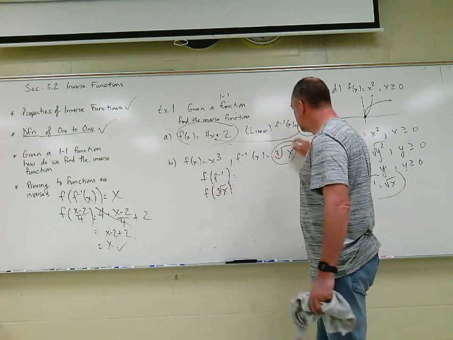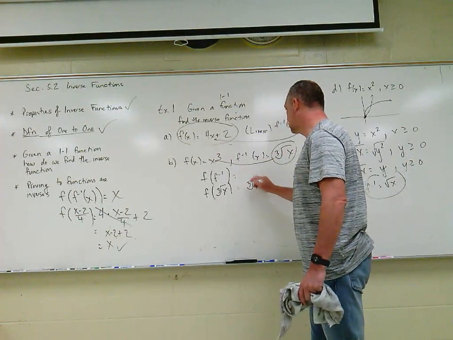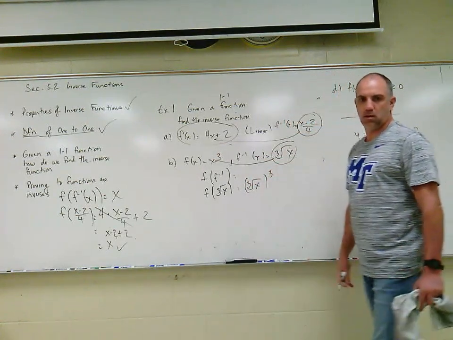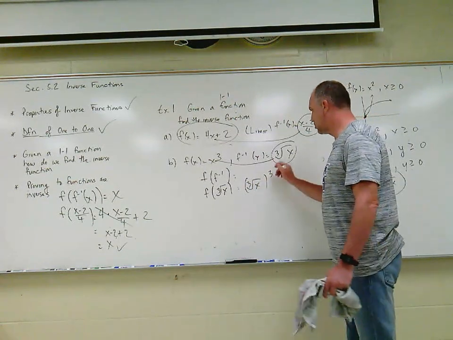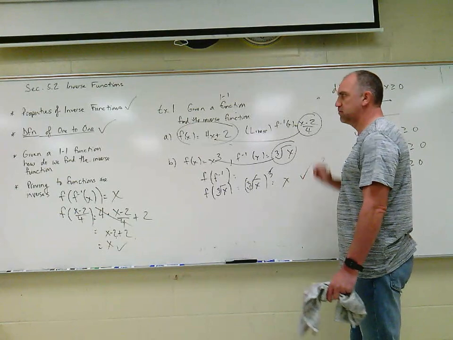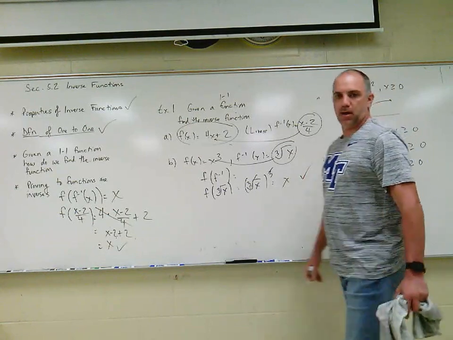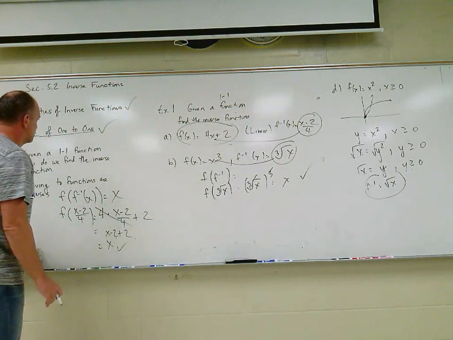That means this will go in here in place of x. So it would be the cube root of x cubed. All right, well, what happens when you cube a cube root? These basically cancel, you get x. Okay? And they're inverses.